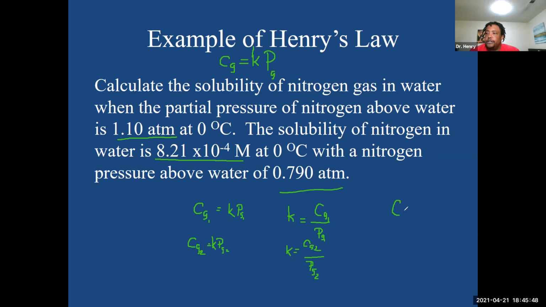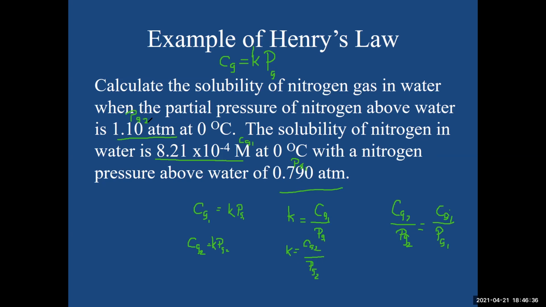So then I could just say CG2 over PG2 equals CG1 over PG1. Okay. So then what do I need to do now? So if this is CG1 and this is PG1 and then this is PG2, what do I need to do?